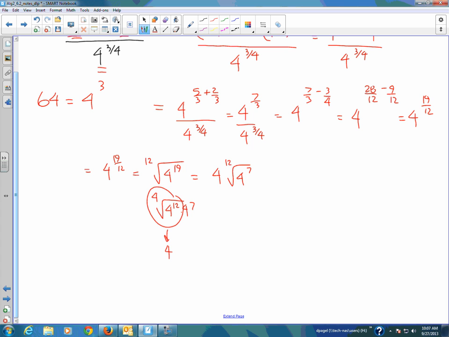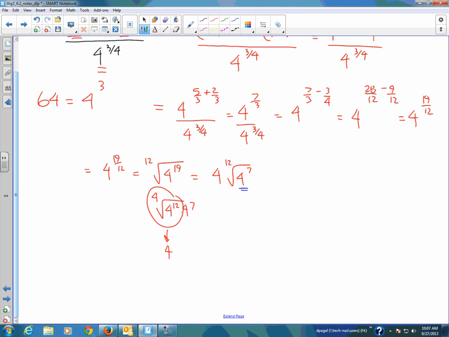Now here is the unique situation that we're always going to try to make ourselves aware of. Whenever your base number on the inside of a radical happens to be exponential, meaning I can write it as an exponential number, you're going to want to do that, because some other constants are going to come out of this radical situation.